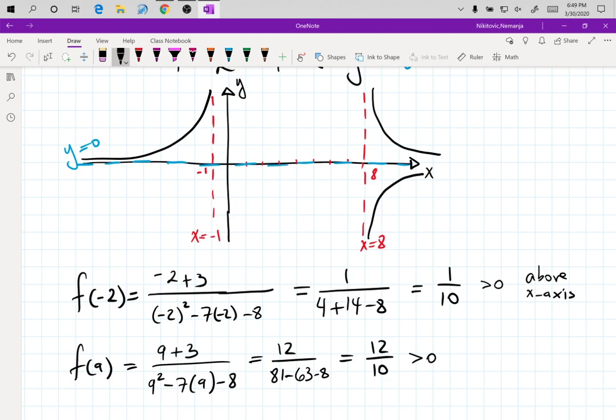That's bigger than 0, so it's also above the x-axis. So we delete the lower line.